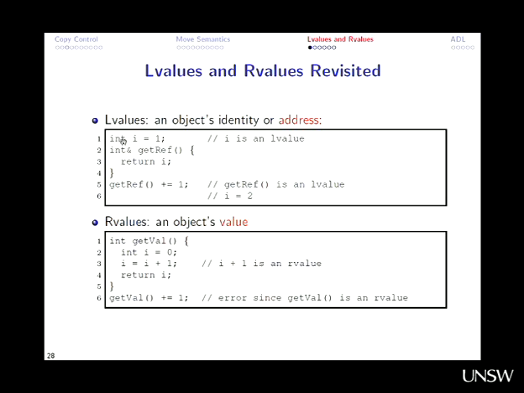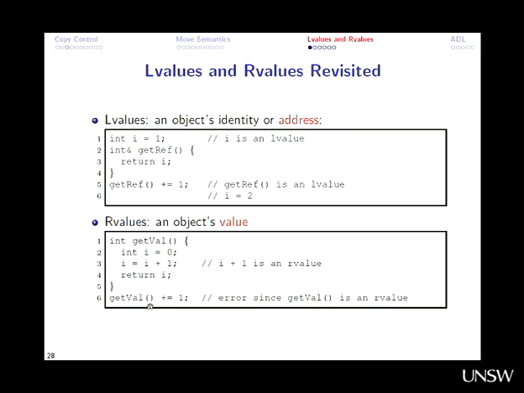This is an L value, which is on the left-hand side normally, okay, but it returns a memory address. Okay? And so getRef plus equals 1 is basically saying at the memory address of getRef, add 1 to whatever's stored in there.